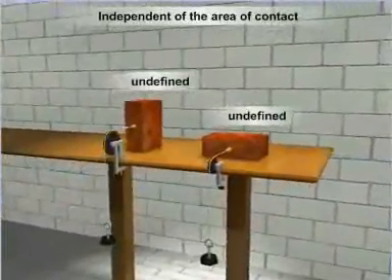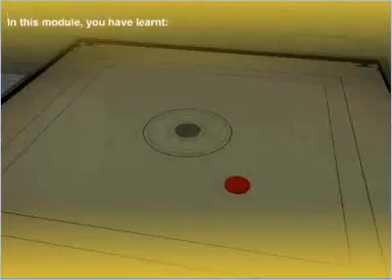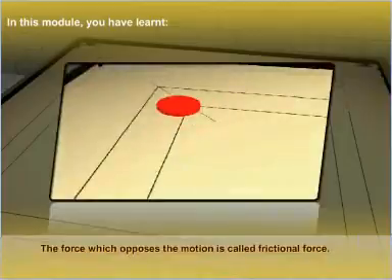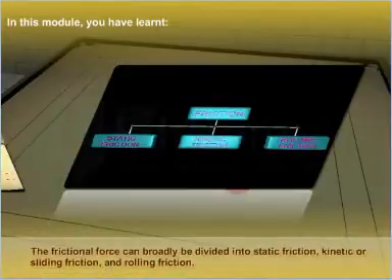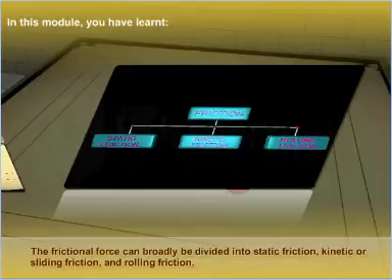In this module you have learned that the force which opposes the motion is called the frictional force. The frictional force can be broadly divided into static friction, kinetic or sliding friction, and rolling friction.